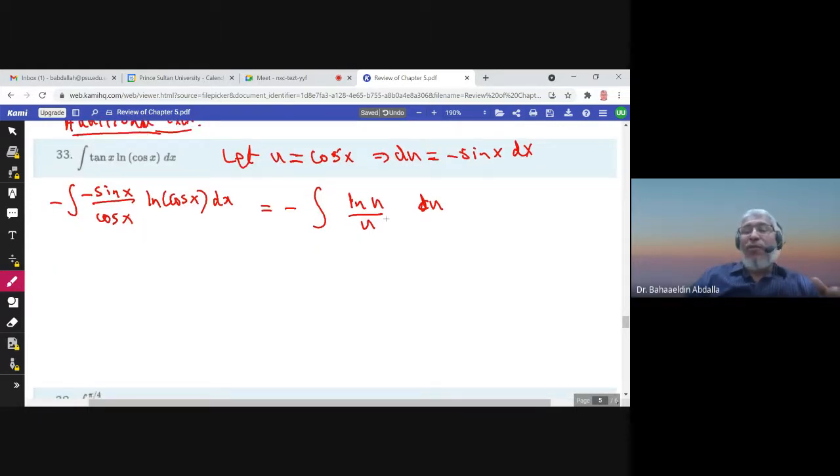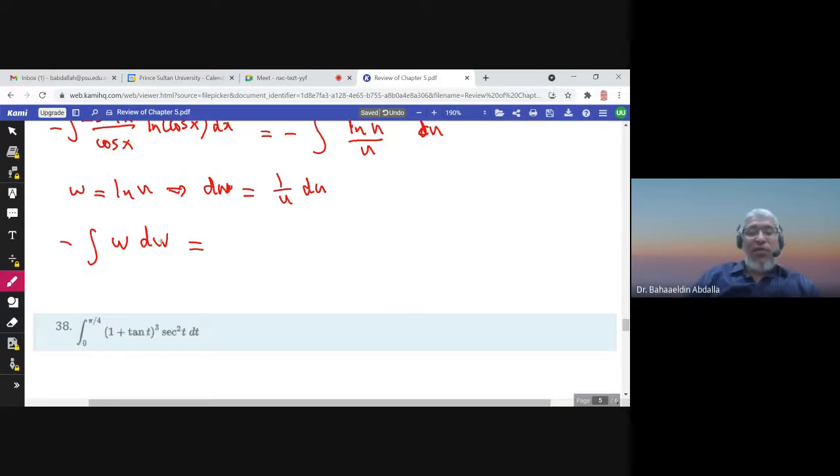Now, this integral, I need to use substitution again. So I will take w to be ln u. dw would be the derivative of ln u, which is 1 over u du, which is here. So this integral would be equal to negative ln u is w, 1 over u du is dw.